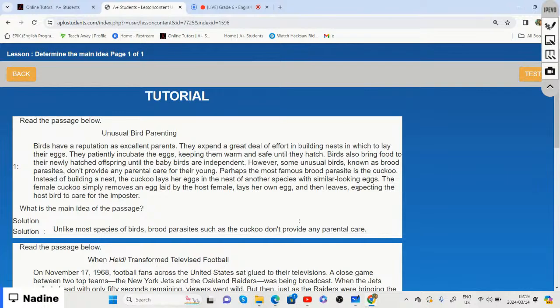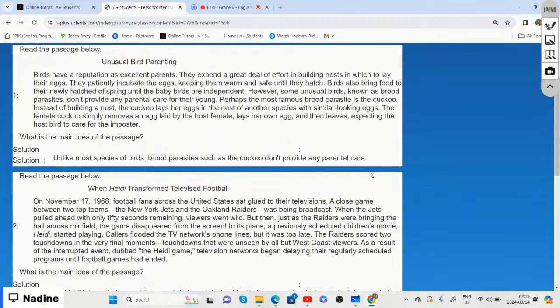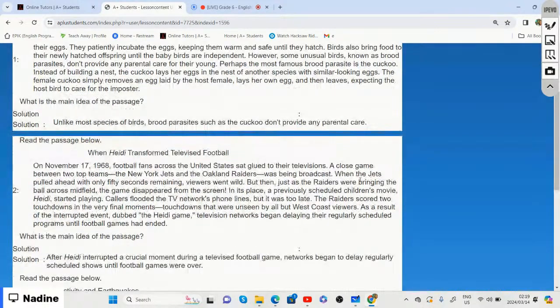All right. So if we look at the second one, it says when Heidi transformed televised football. So, football either on TV or on the phone. It says on November 17, 1968, football fans across the United States sat glued to their televisions.